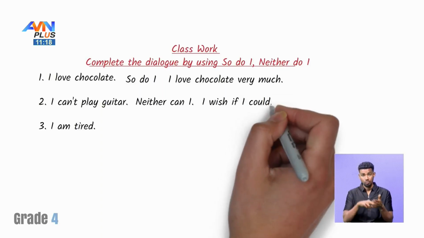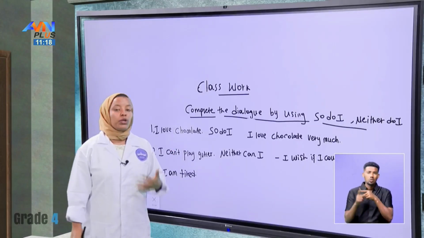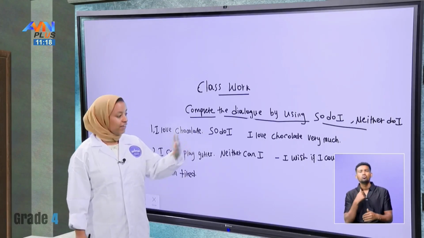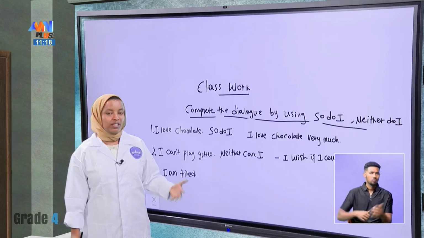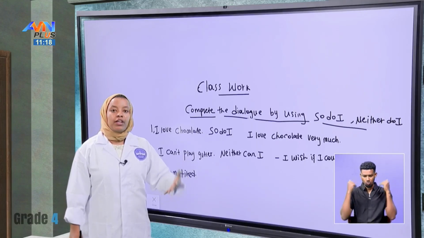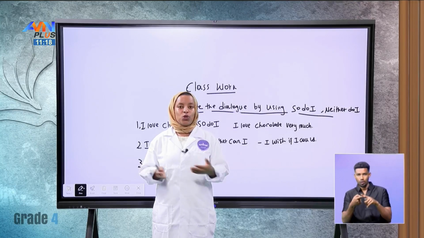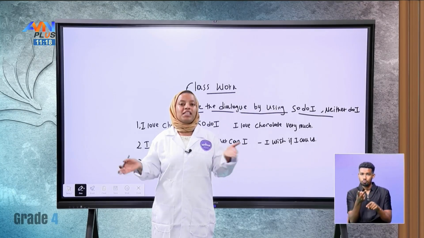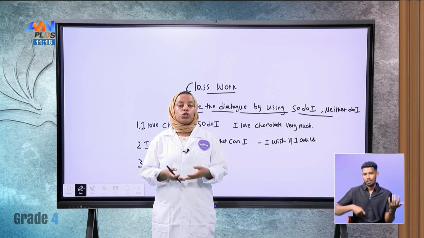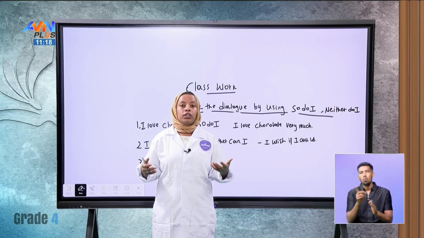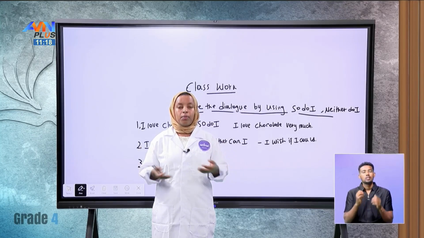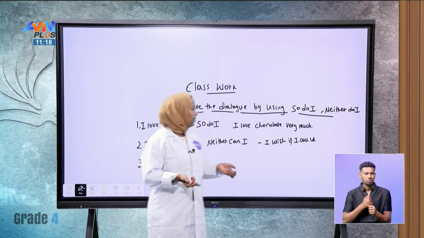It means that you hope or you wish to play guitar. Both of you, your friend and you, also can't play guitar. That you just show by saying neither can I. There is a verb.